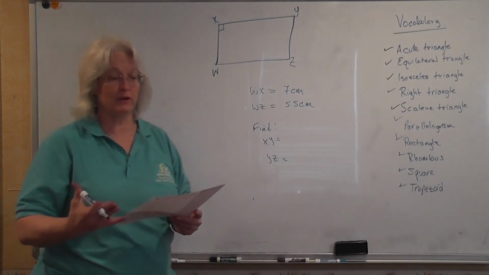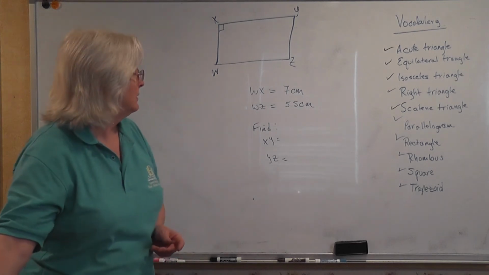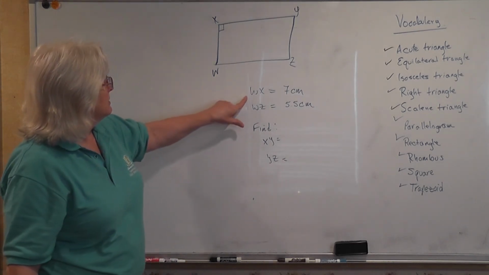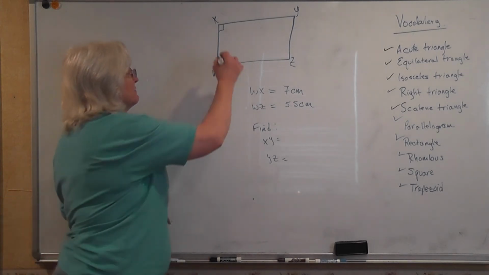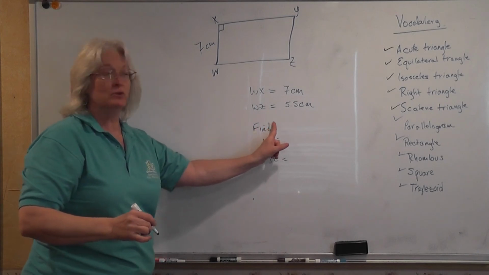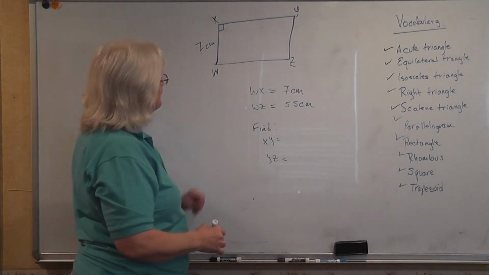This is a very, very long problem to draw and for me to describe to you, isn't it? The length of WX is 7 centimeters. The length of WZ is 5.5 centimeters.